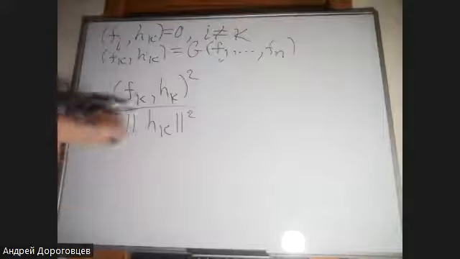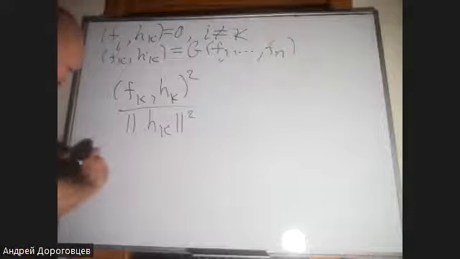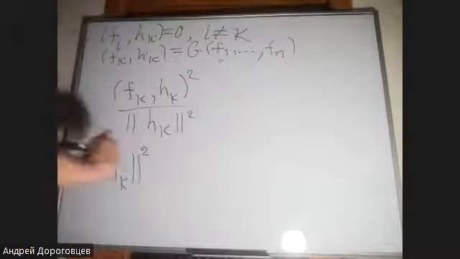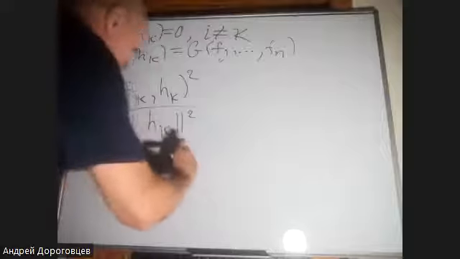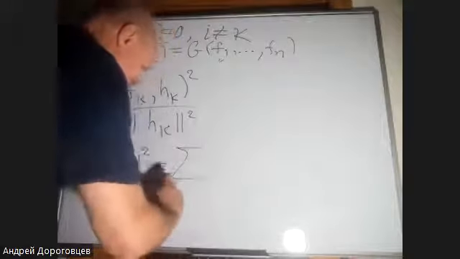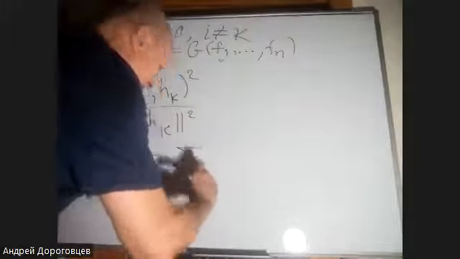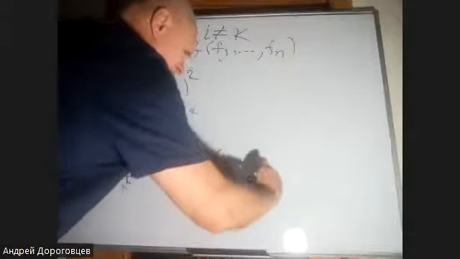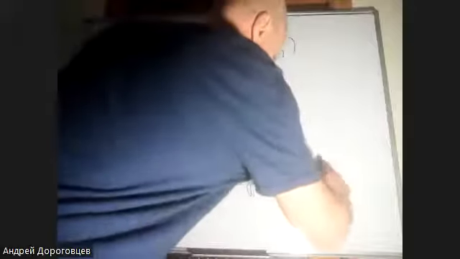The norm of hk can also be very easily defined. The norm of hk squared is equal to a sum. We just have to produce a multiple sum like this one: the sum over i, j equal 1 to n of (fi, fj) A_ik A_jk.